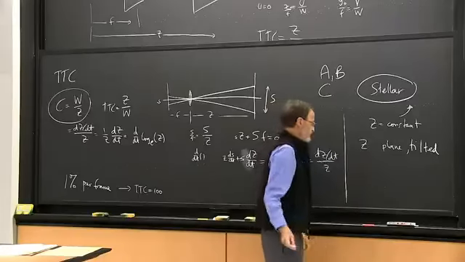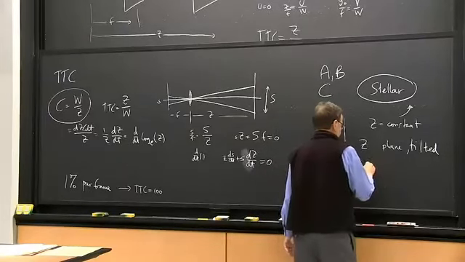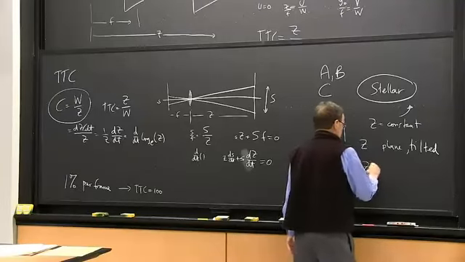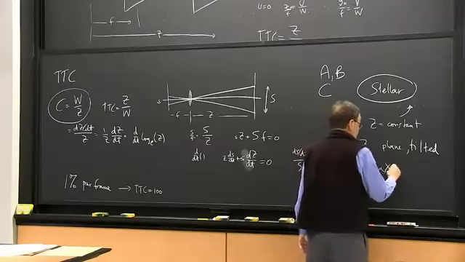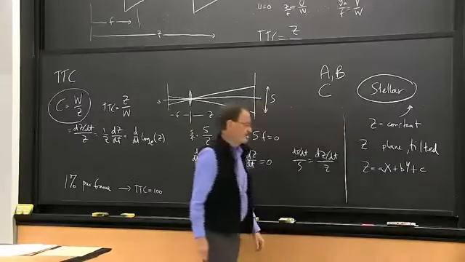And well, what's the equation of a plane? Well, it's going to be some linear equation in x and y. So, you know, one way I could write it is in that form.